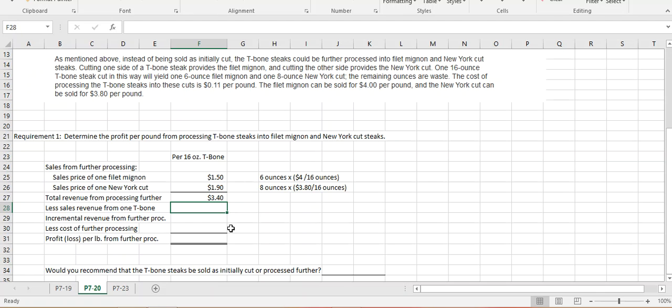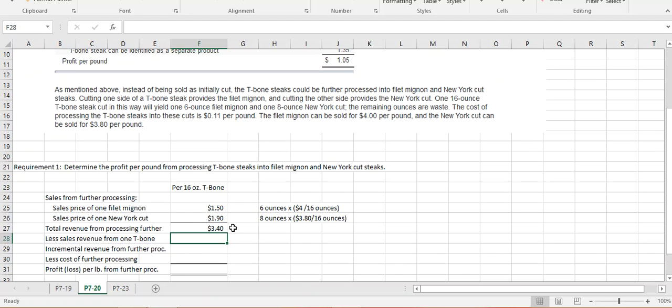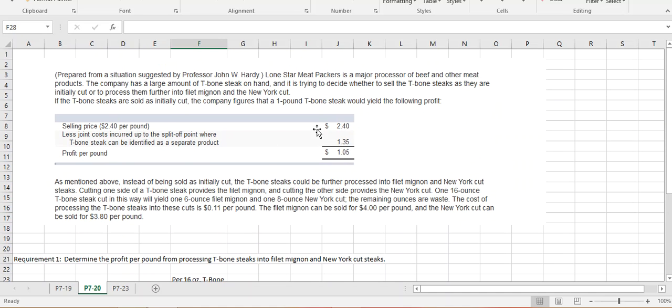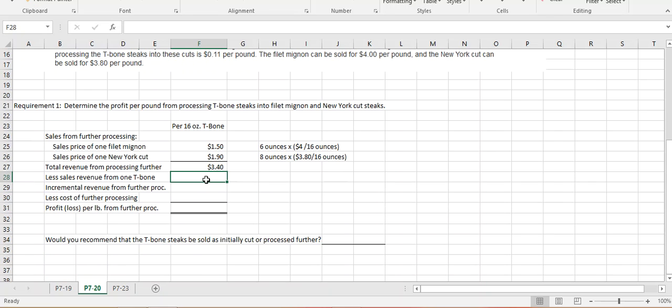Now we take out the sales revenue from one T-bone. So our sales from our T-bone is $2.40, and we can put $2.40 down here.